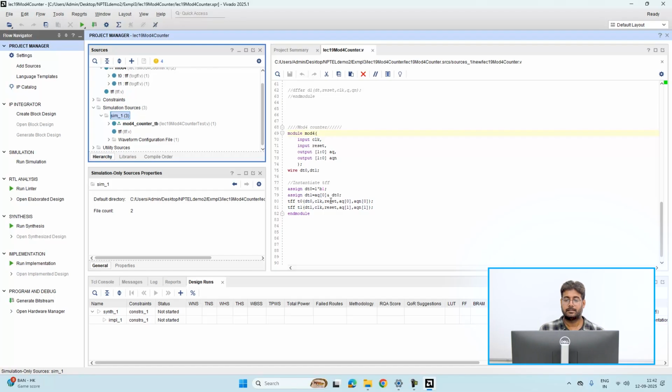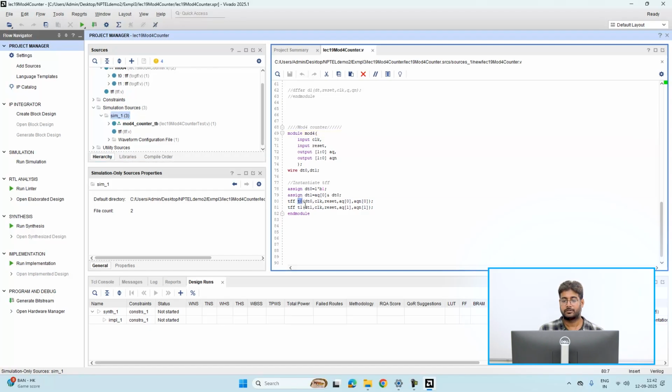DT1 is assigned AQ0 ANDed with DT0. DT0 is 1 bit 1 continuously, and AQ0 is the output of the first toggle flip-flop, the one that we instantiated and named T0. So this AQ0 is coming as an output from this T0 toggle flip-flop.